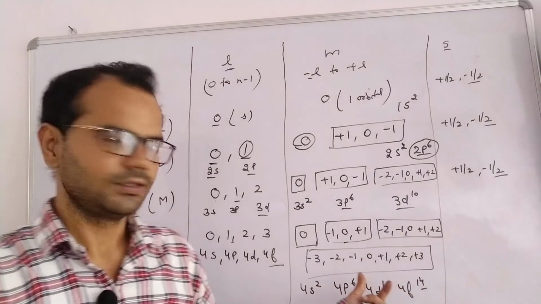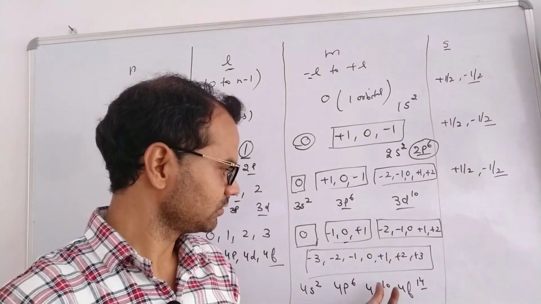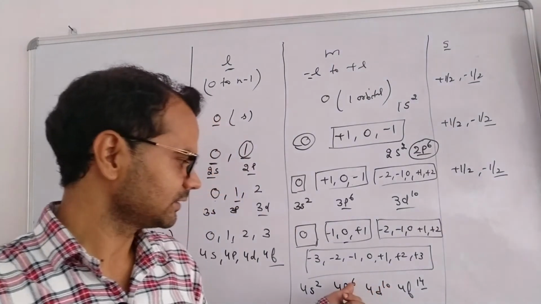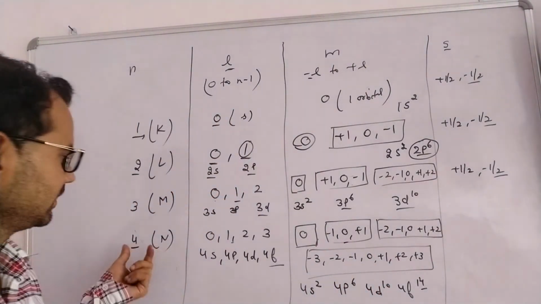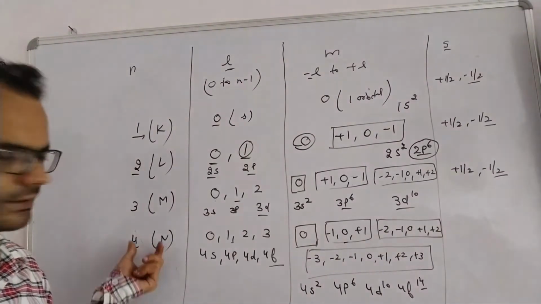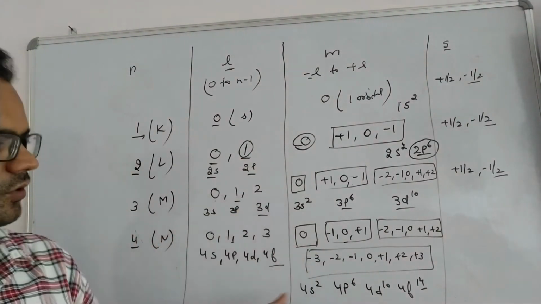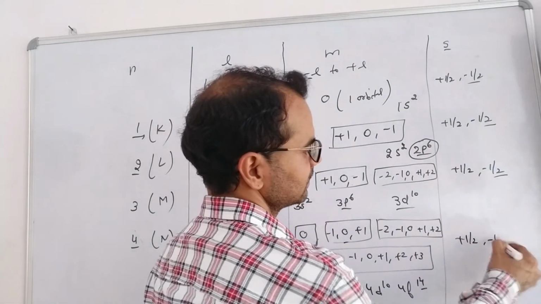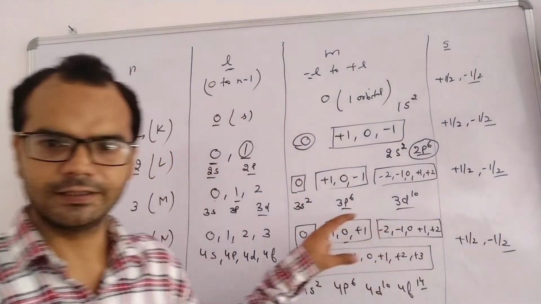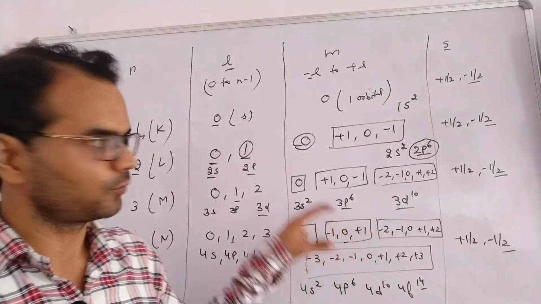We can count the electrons again: 14, 10, 24, 6, 30 plus 2, 32. As we know, 32 electrons are present in the fourth shell, that is the N shell. So out of 32, 16 will rotate clockwise, 16 will rotate anti-clockwise.